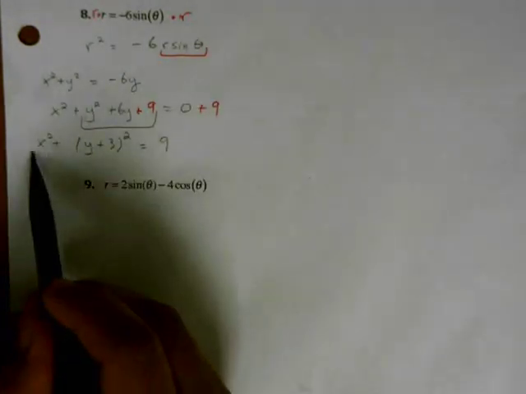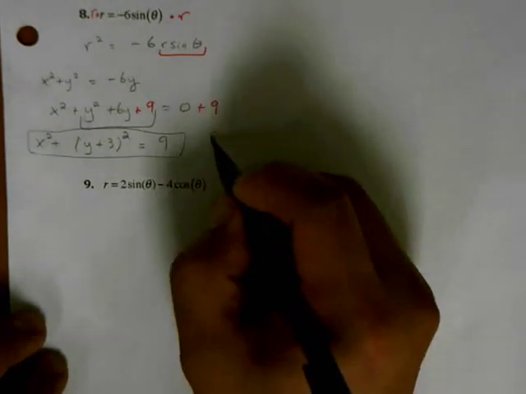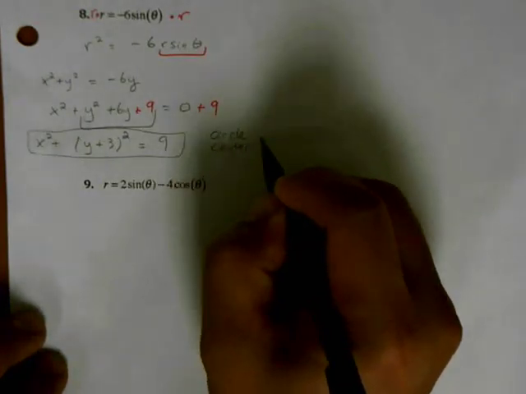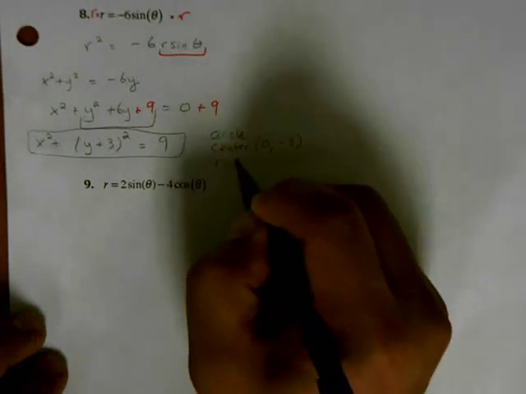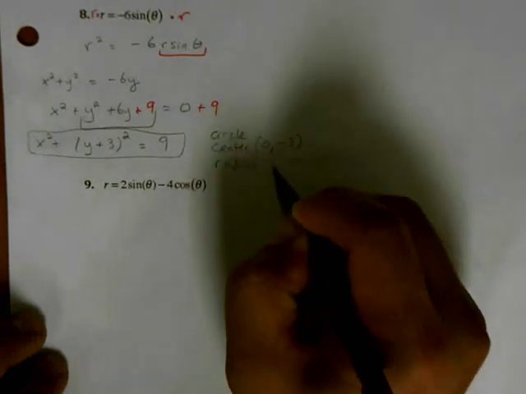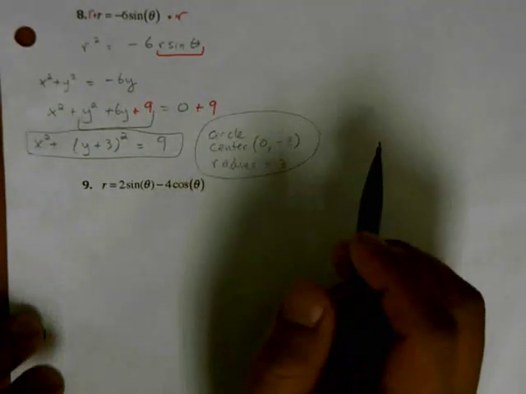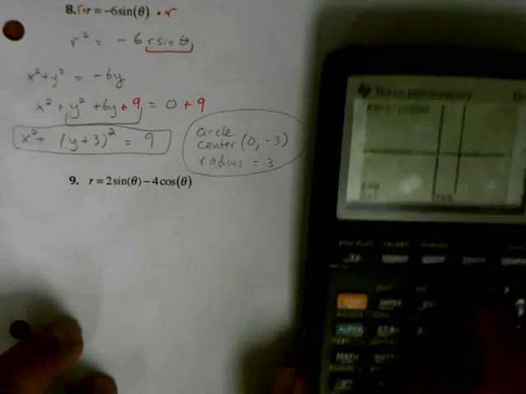Okay. Now this graph right here looks a little more familiar to me. I know that this is a circle with a center at 0, negative 3, and a radius of 3. And I'm going to graph this on my TI-83 to confirm.